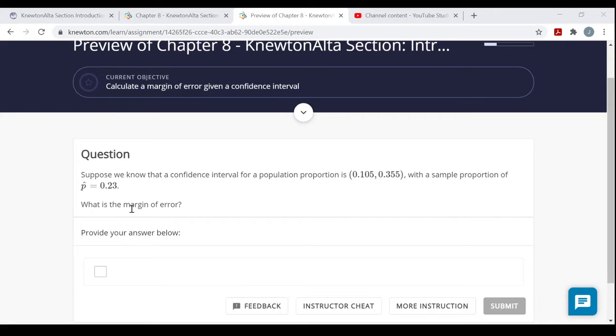Now what they're asking for is the margin of error. So again, I'm going to refresh your memory as to how a confidence interval is formed. We're actually given our point estimate, the p hat, the sample proportion 0.23, and then we need to find the margin of error, that give or take in our guess.